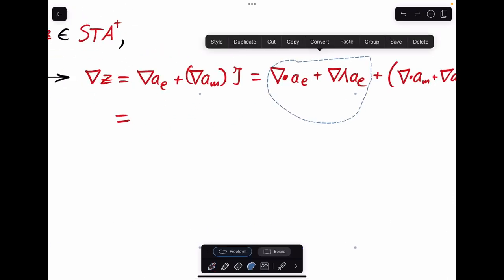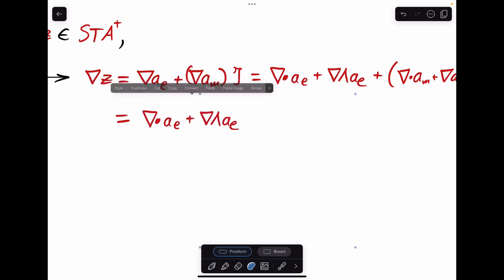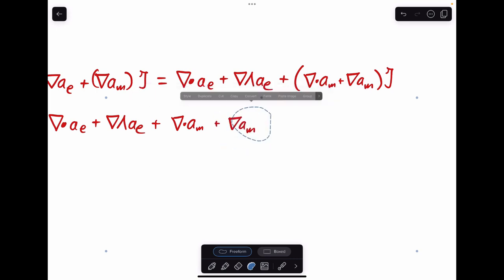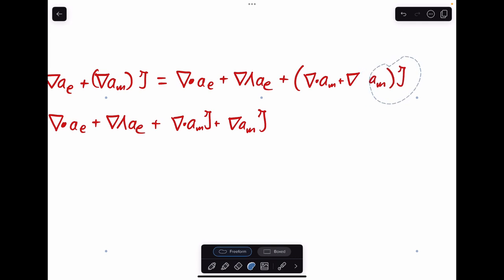Basically copy this, plus, and then this, I just realized this should be a wedge.